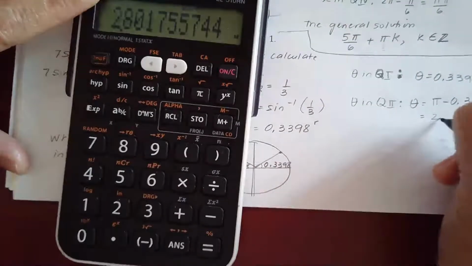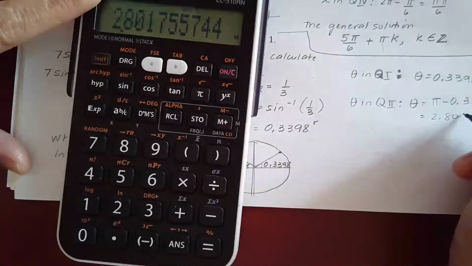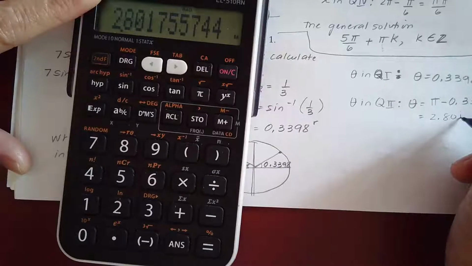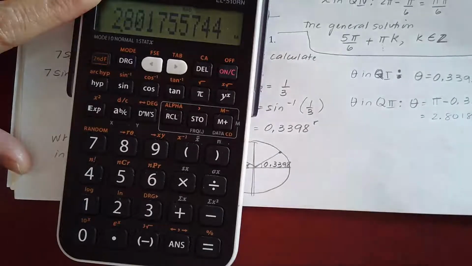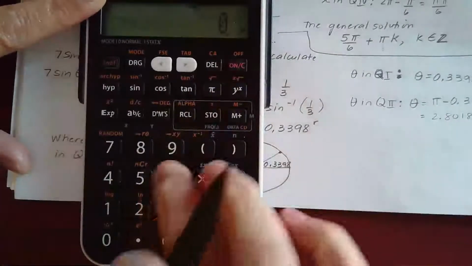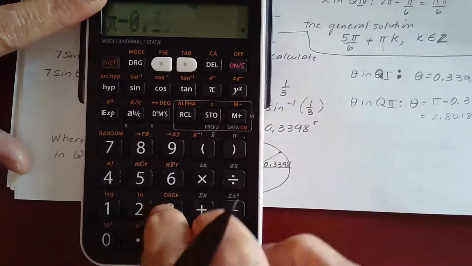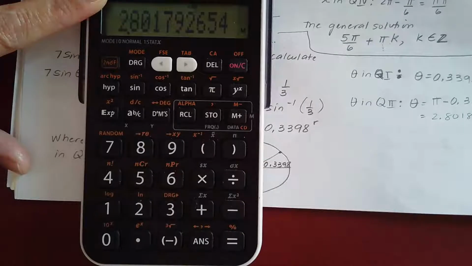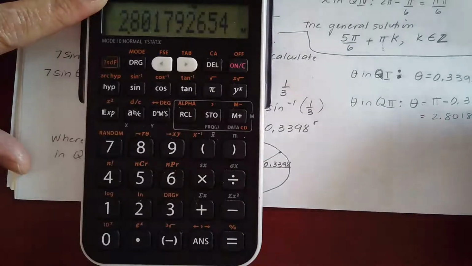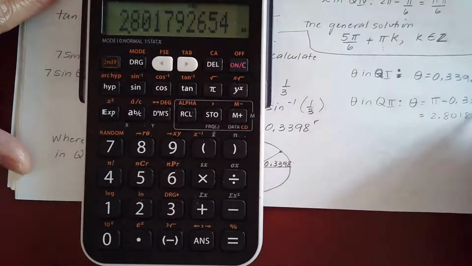It is about 2.8018. We'll do it to 4 decimal places here. So pi minus 0.3398. Okay, good. And these are all radian measure.